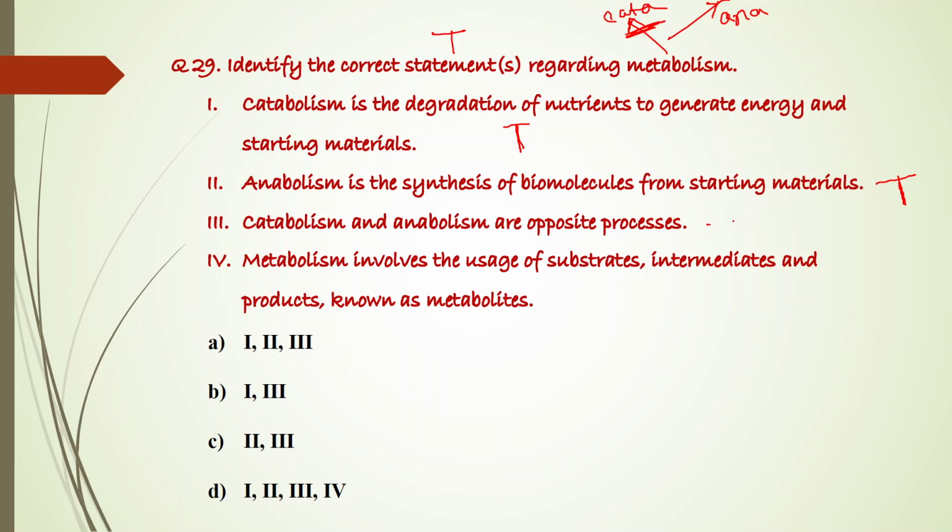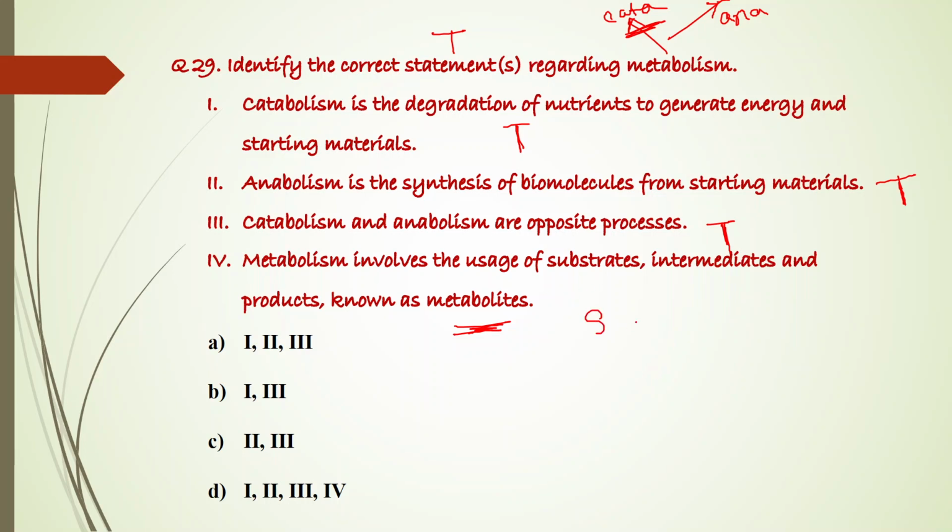The third statement is catabolism and anabolism are opposite processes. We just said that, so yes, this is true. And the fourth one is metabolism involves the usage of substrates, intermediates and products known as metabolites. Absolutely yes. Metabolism involves both catabolism and anabolism.